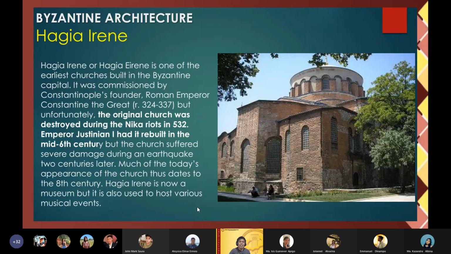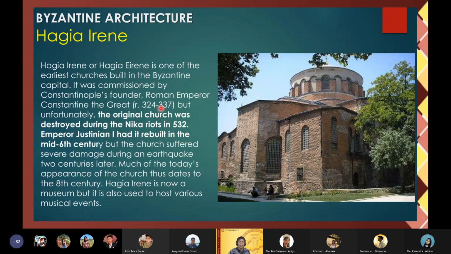Another example is the Hagia Irene, which means holy, no? Hagia means holy. So Hagia Irene is one of the earliest churches built in the Byzantine capital. It was commissioned by Constantinople's founder. But unfortunately, the original church was destroyed during the Nika riots.